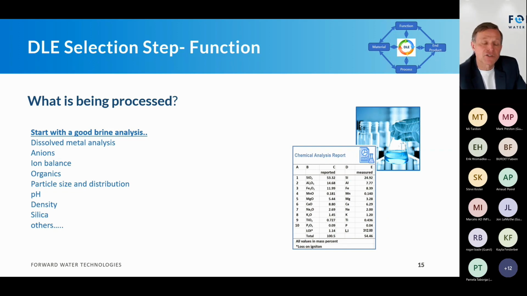That helps because it's going to help dictate the type of pretreatment that you're going to require. The metals are typically analyzed by inductively coupled plasma or mass spec. Anions is chromatography. Those are the types of analysis. The anions are critical because we want to balance out the ions. We want to have a balanced analysis.